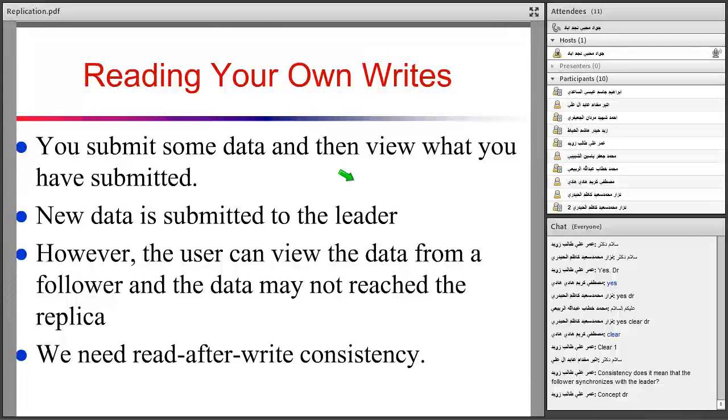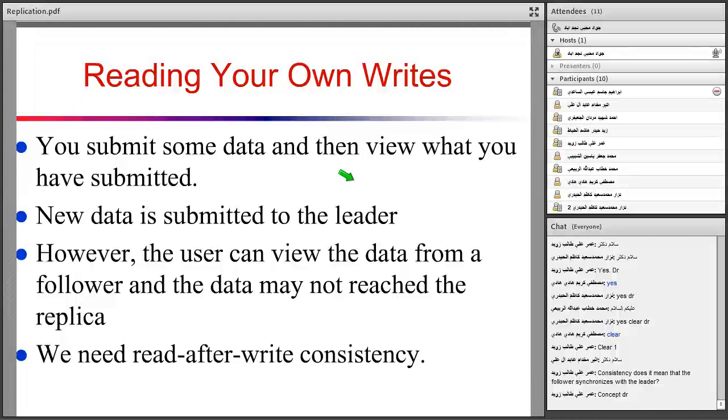I want to see my latest data, which I updated some minutes ago. Unfortunately, it's possible that I don't see the latest information, and I see outdated information.